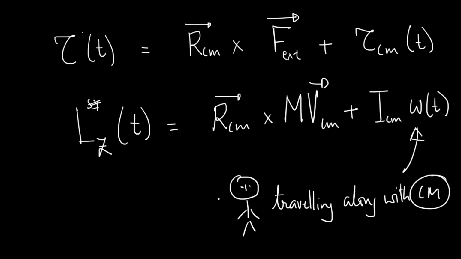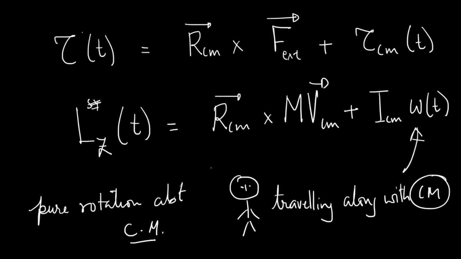So for him, the body can only do pure rotation about the center of mass, and we have discussed this in detail now. So let's get on with problems which use these formulae.